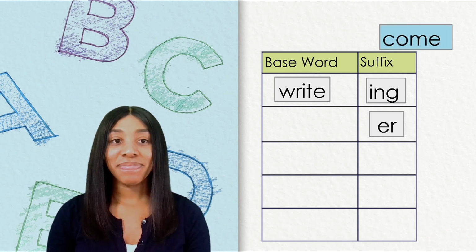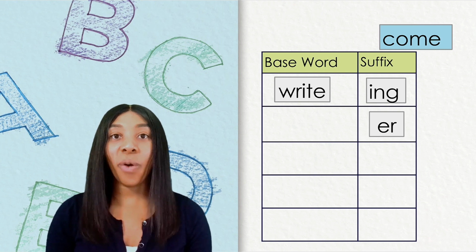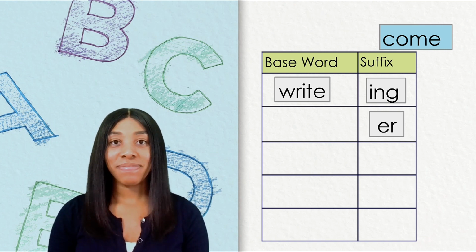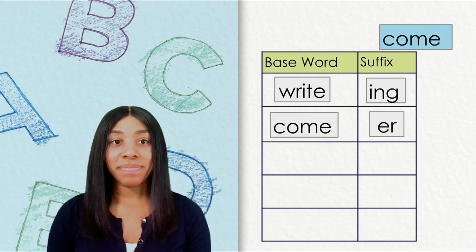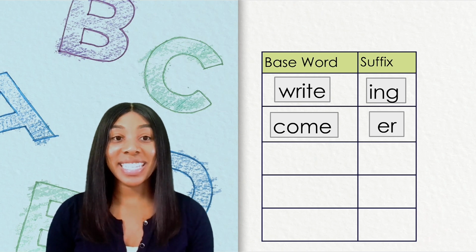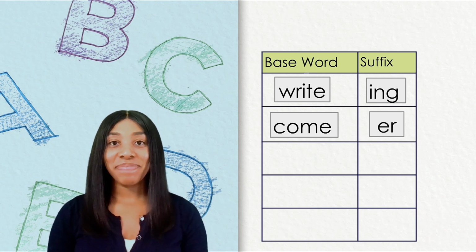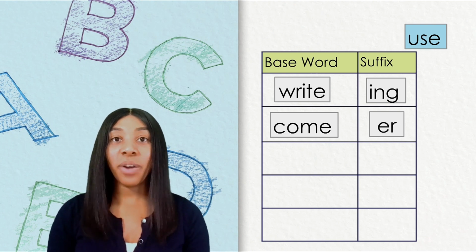Come. Is this a base word or a suffix? Come is a base word. We can add affixes to it to change its meaning. Use. Is this a base word or a suffix?